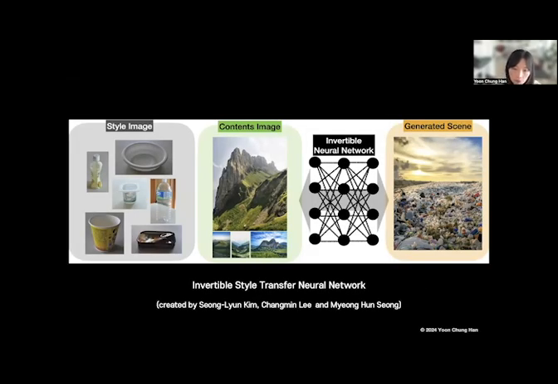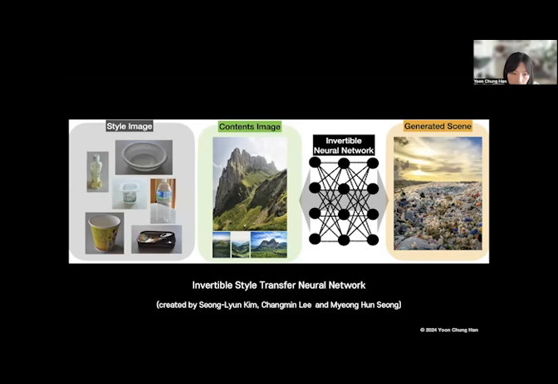So I collaborated with the engineers at Yonsei University, and they helped me a lot with how to apply the style transfer and the inverted neural network system in this process to find the similarity and difference between two objects.